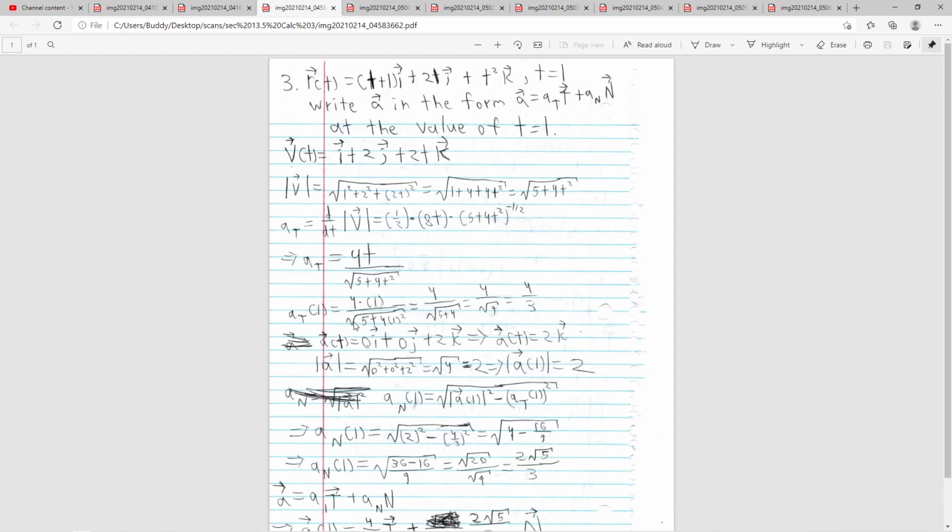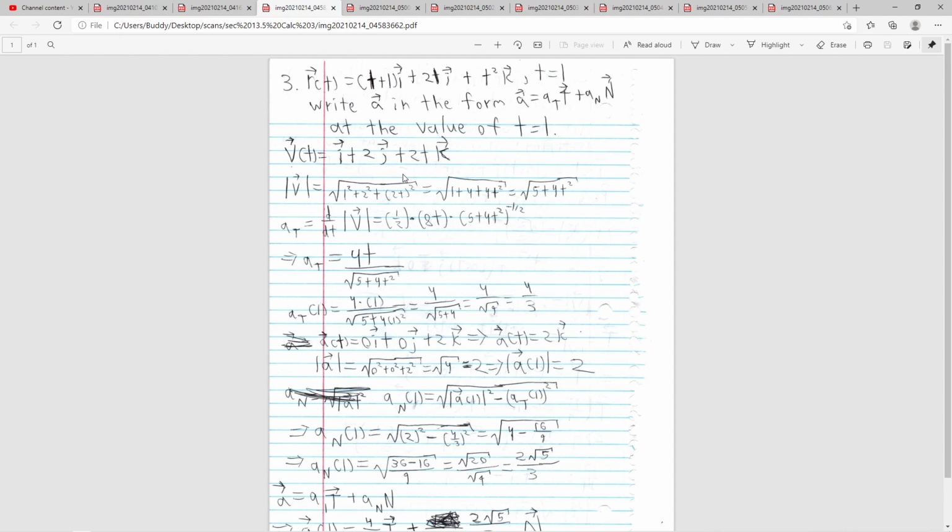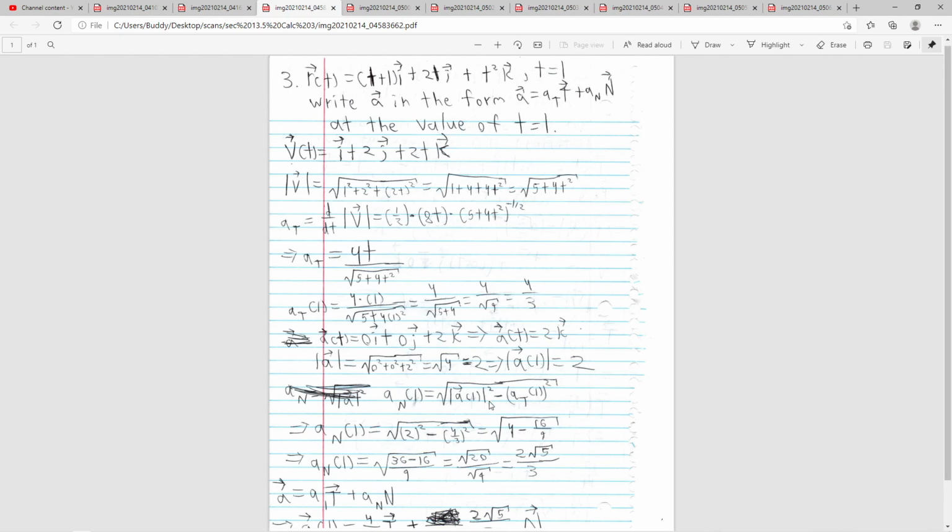Now the acceleration vector, well, at least this is simple. It's a at t equals 2k. I don't think you can get much more complicated than that. Because v equals i plus 2j plus 2tk, the acceleration will be 0i plus 0j plus 2k.